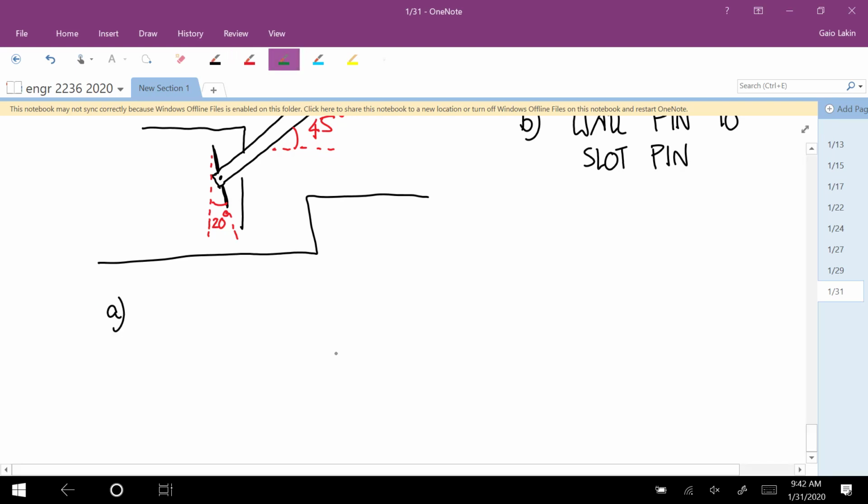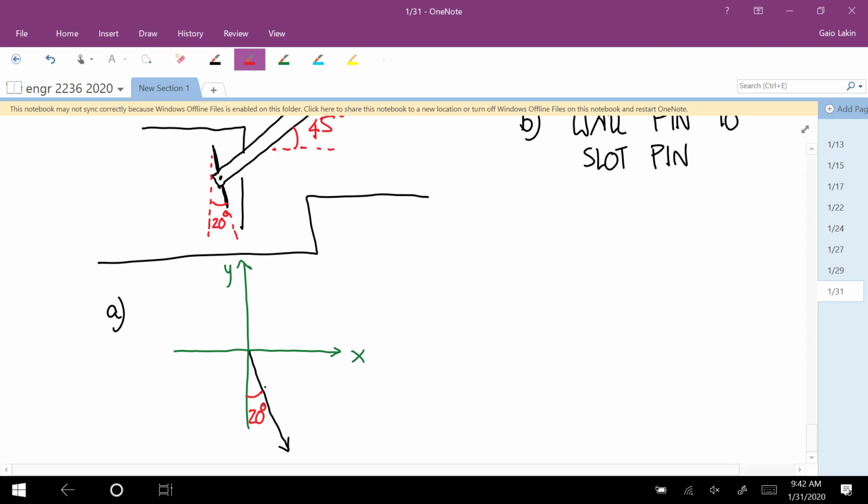So I'm going to do it like this. Here's the coordinate system. And I'm going to draw the vector that we're given an angle for. All these vectors have to have their tails at the origin. We're given that this vector makes an angle of 20 degrees with the negative y-axis.